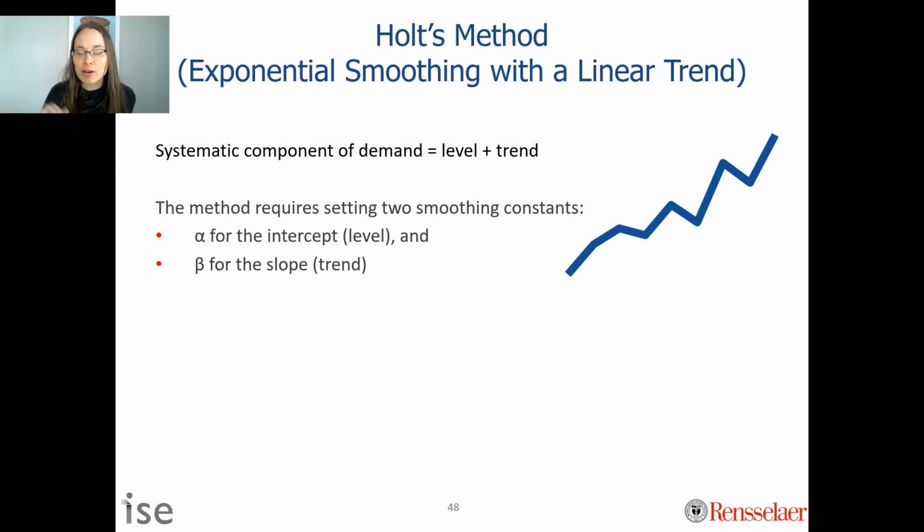And so alpha will adjust the amount of weight we put on the closest versus the further away in terms of the level or the intercept value. And beta will do that same thing, but for the trend. So we care about the delta, the change between one or the other. And they are both exponential smoothing weights, but they're doing different things on different aspects of the time series.